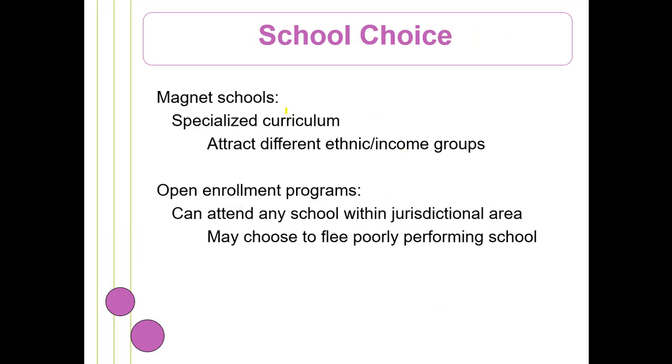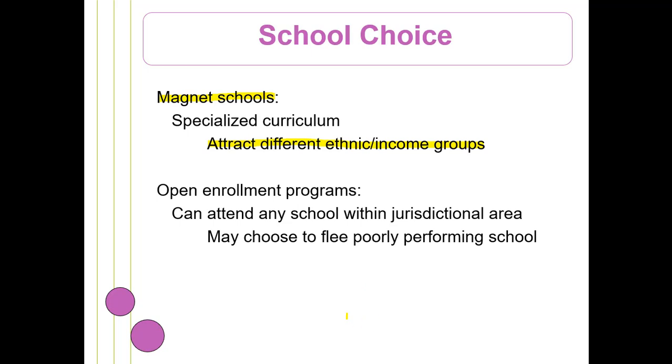Now, looking at various choices of different types of schools, magnet schools have become more popular over the past few decades, where they are specializing in a particular curriculum, such as arts and music or science and math. So they are attracting students that are focused on that particular curriculum, and they're being attracted through various different social classes, income groups, ethnic groups.